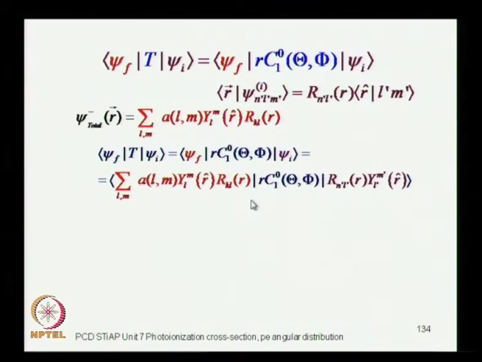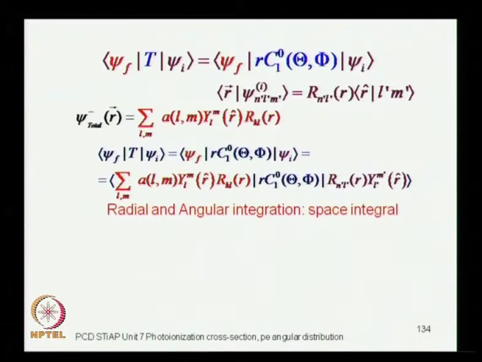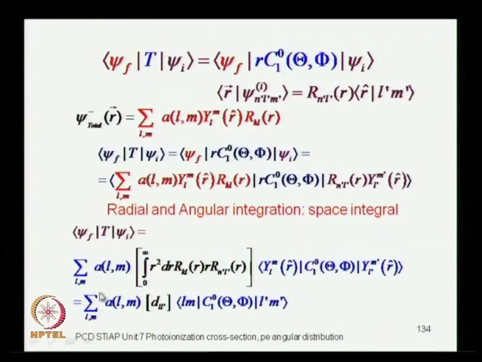This matrix element is essentially a space integral, and it includes integration over r going from 0 to infinity, and also integration over the angles theta and phi, which will go over the entire space. So, this is a radial integral. This is an integration from 0 to infinity of r squared dr, which is the volume element.